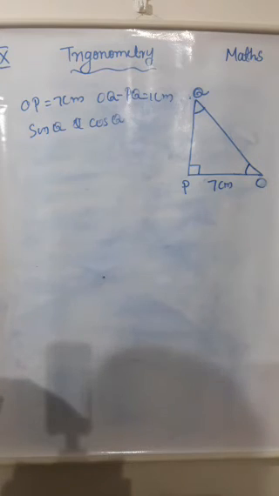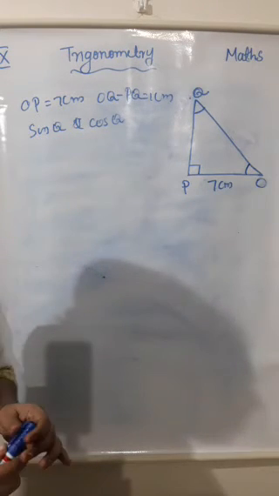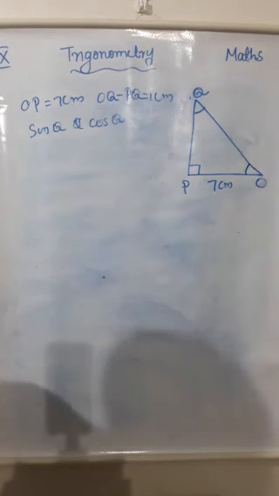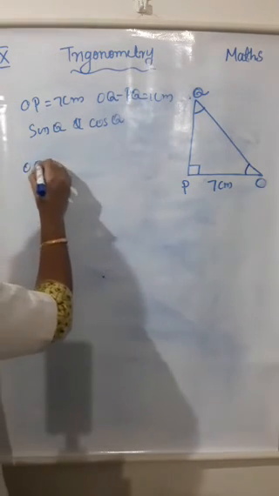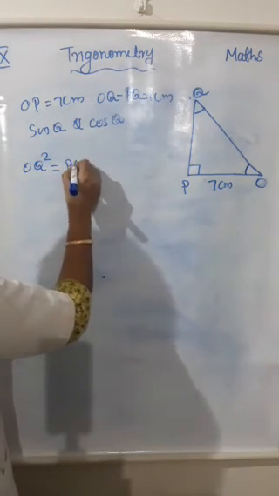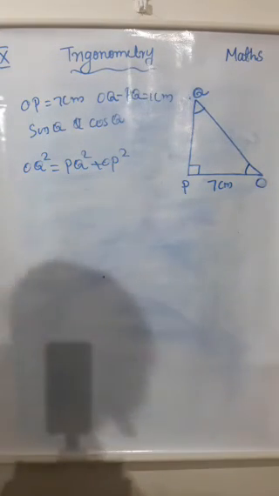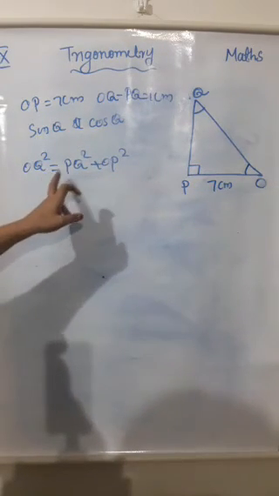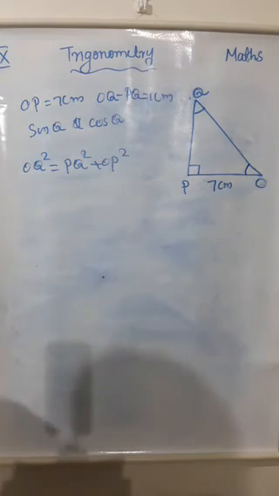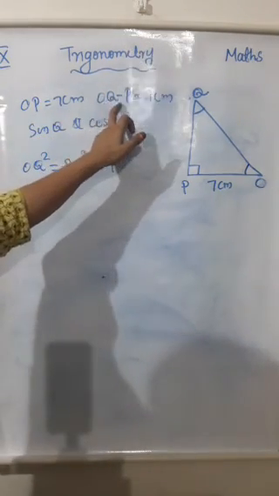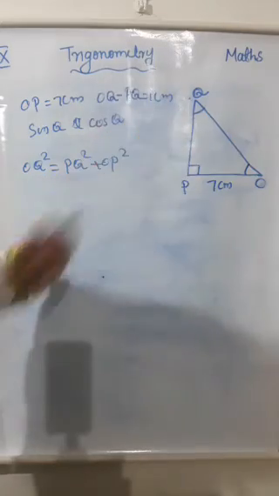The triangle POQ is a right angle triangle, so we can write using the Pythagoras theorem, OQ square is equal to PQ square plus OP square. Then look at the given thing: OQ minus PQ is equal to 1 centimeter.